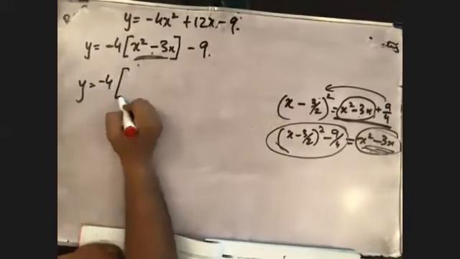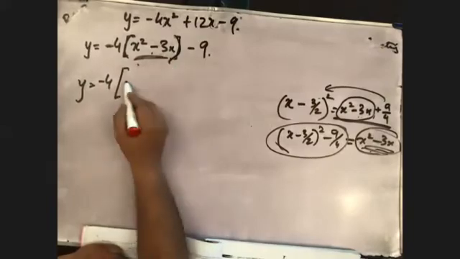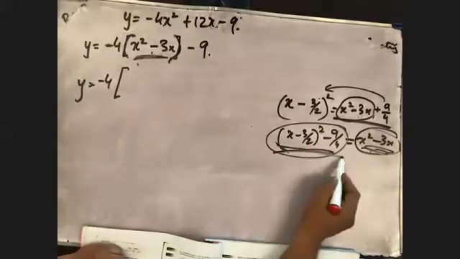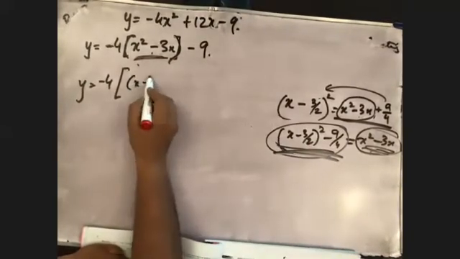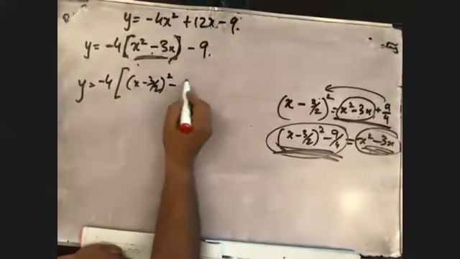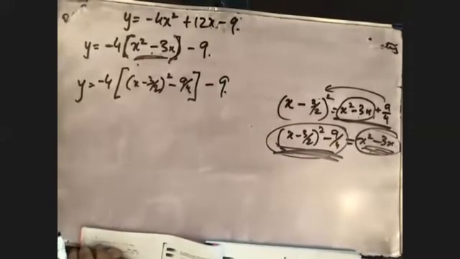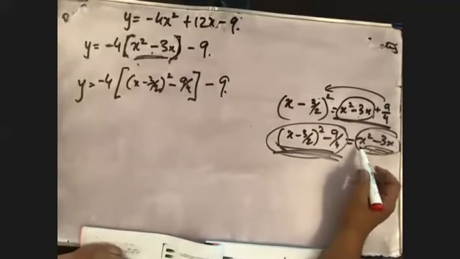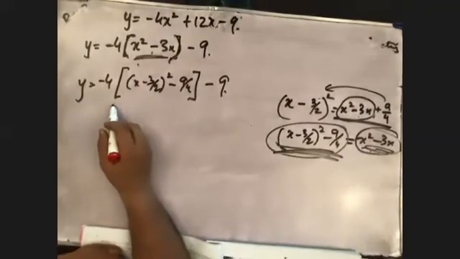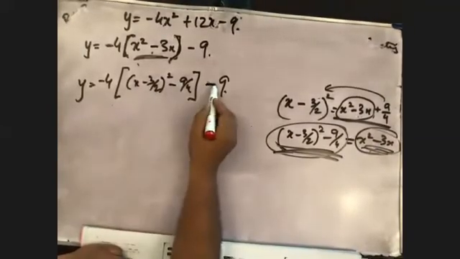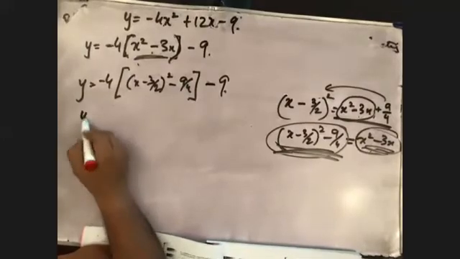Minus 4, change the bracket. I write down the entire thing here: (x minus 3 over 2) whole thing squared minus 9 over 4 minus 9. Oh, sorry, yes, it's minus 9 outside. I open the bracket up.